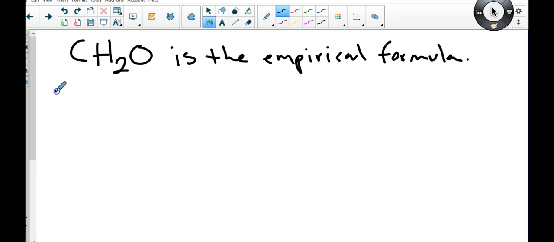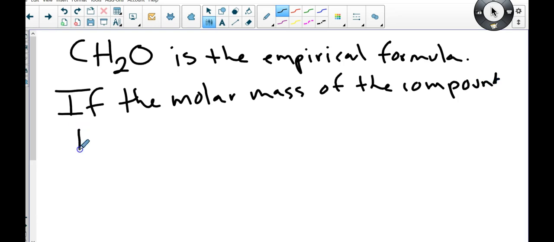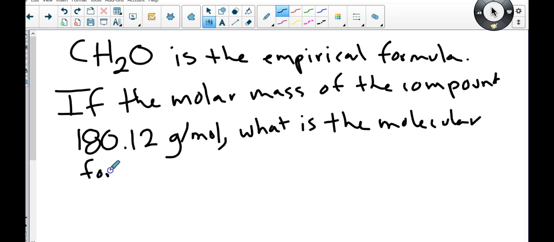Now, what they would do is say the molar mass of the compound is 180, I believe it should be 180.12 grams per mole. What is the molecular formula? So here's the thing. If we think back, I'll wait for you.